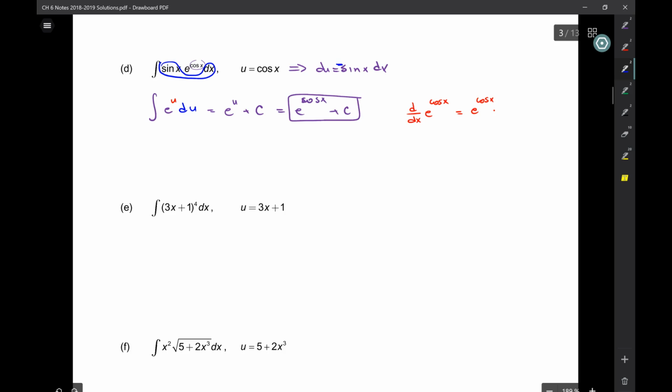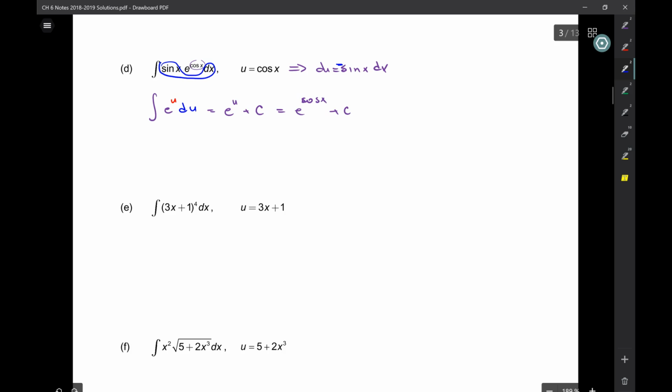Okay, let's go backwards then. Du is negative sine of x. Okay, I'm sorry. I forgot we were taking the derivative. So the derivative of cosine is negative sine of x.